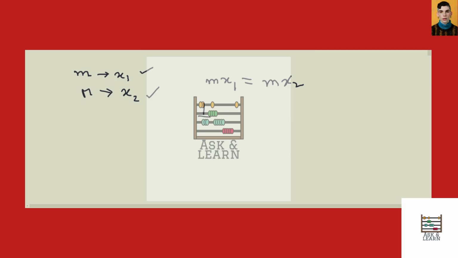Next we have the expression of spring energy, half k x naught square, which will be equal to half k (x1 plus x2) whole square. From this we can get x naught equal to x1 plus x2.